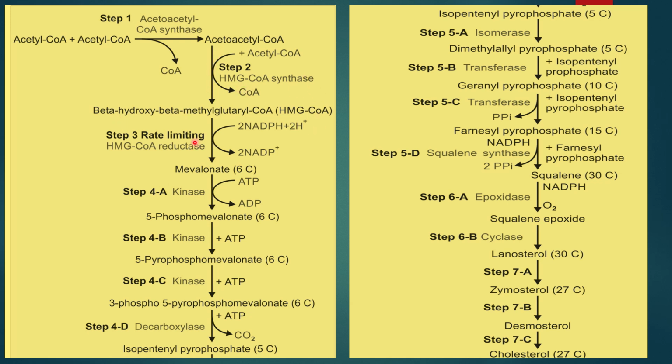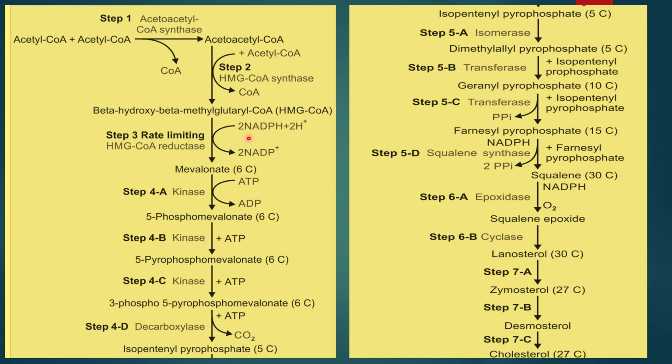Step 3 is the rate limiting and major rate controlling step, catalyzed by the HMG coenzyme A reductase enzyme. In this step, HMG coenzyme A is converted into mevalonate, which is a 6 carbon species.